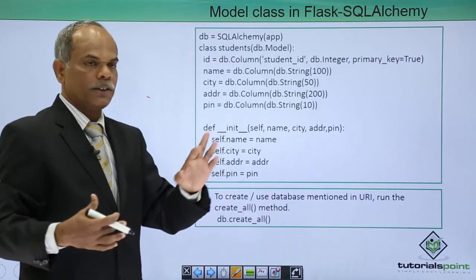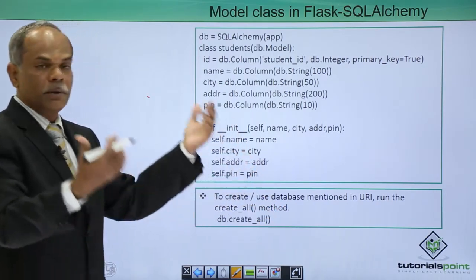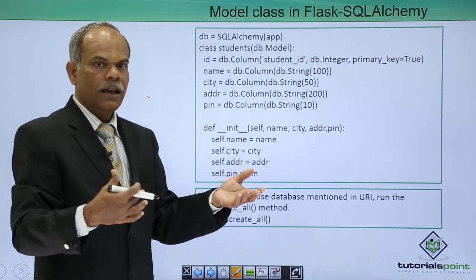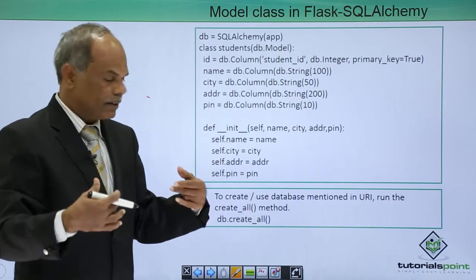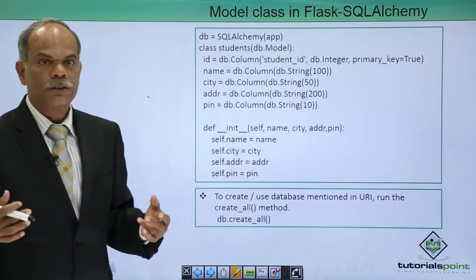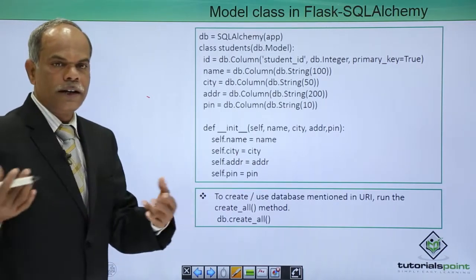If the database and the table are not present, they will be created, and if they are present, they will be used. It is equivalent to a use-database kind of statement in SQLite or any SQL database.